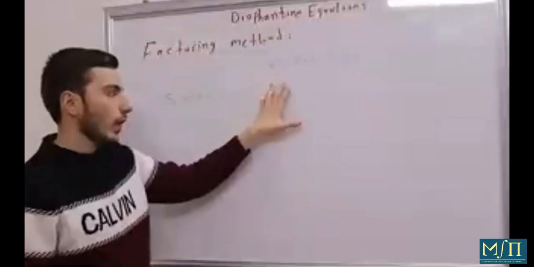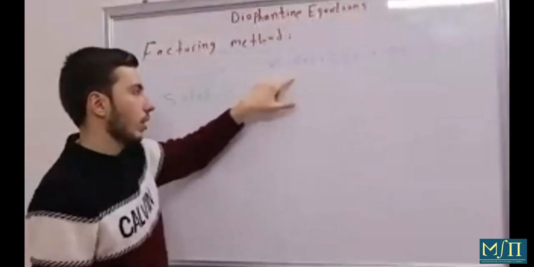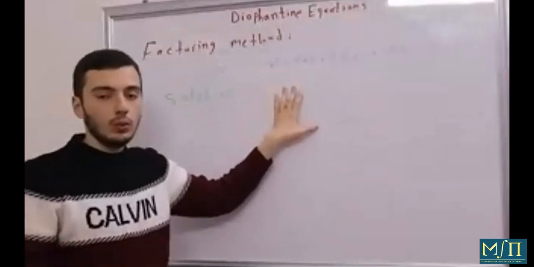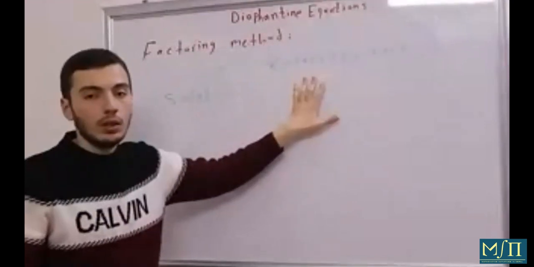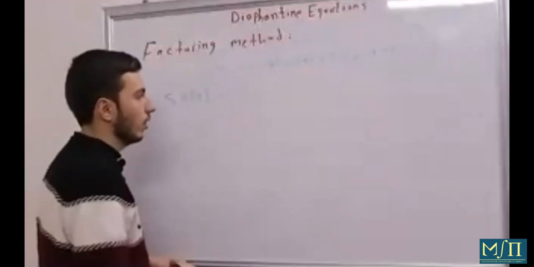So it's logical not to factorize this as (x plus y) squared, but to write x plus 2y.